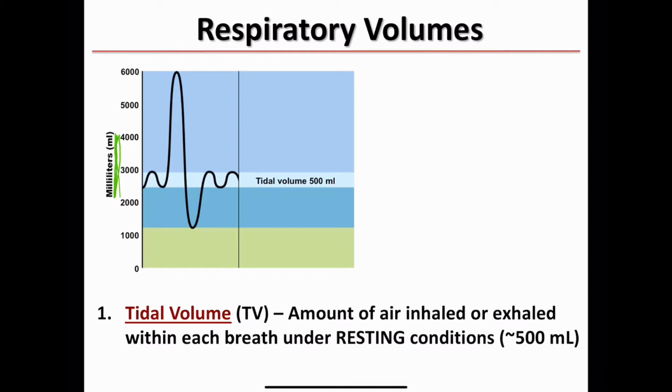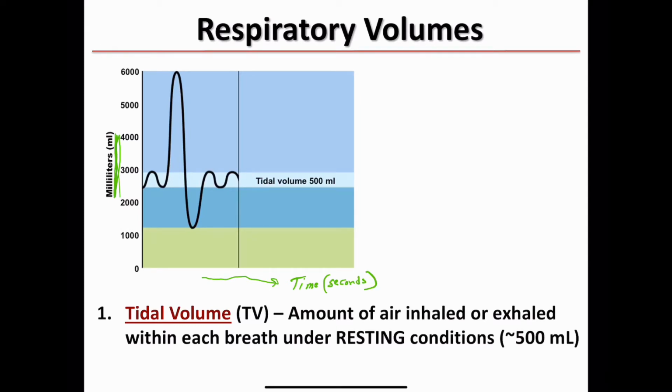For example, we have a maximum amount of 6,000 milliliters that can fill these lungs, which is the same as 6 liters. I may interchangeably go between liters and milliliters, but it's all the same. We're just talking about the volume of air in the lungs at any given time. The x-axis is going to be time, and more specifically, time in seconds.